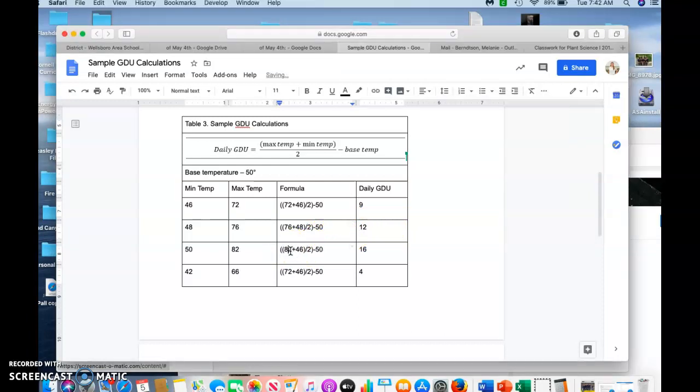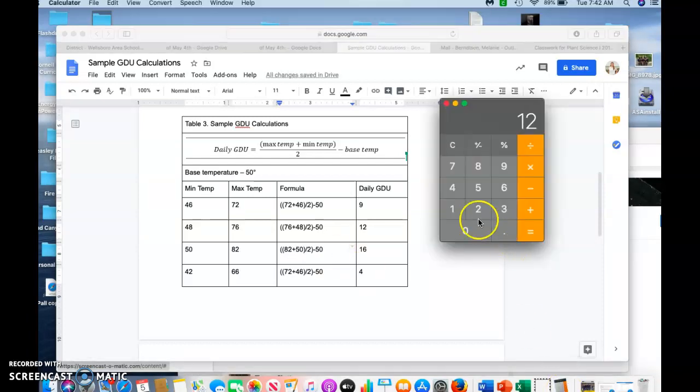All right. Next one here is 82 and 50. Ooh, heat wave. It was warm that day. 82 plus 50 is 132, divided by 2. The average temperature that day was 66, minus 50 is 16. Got that one right.